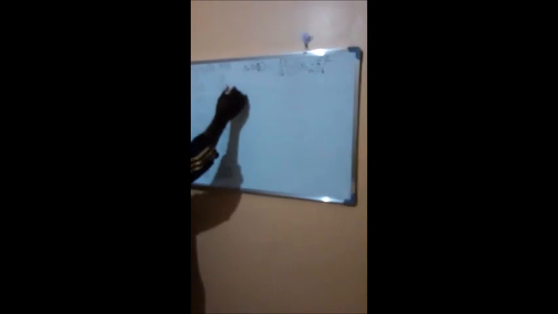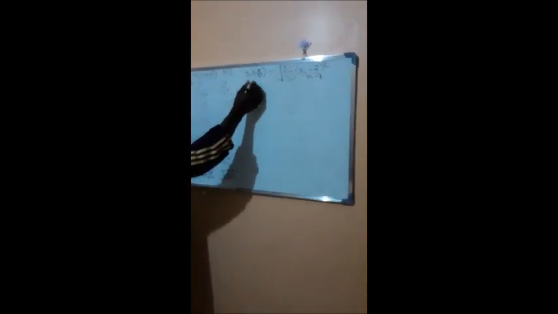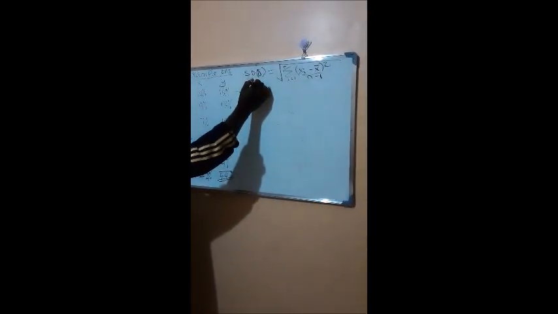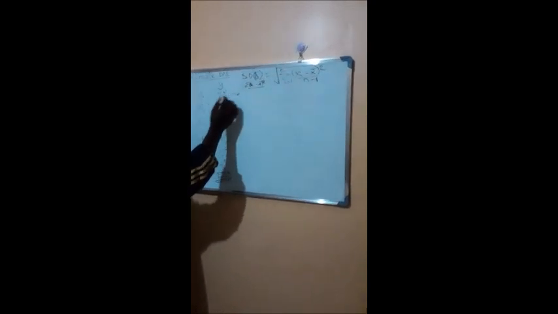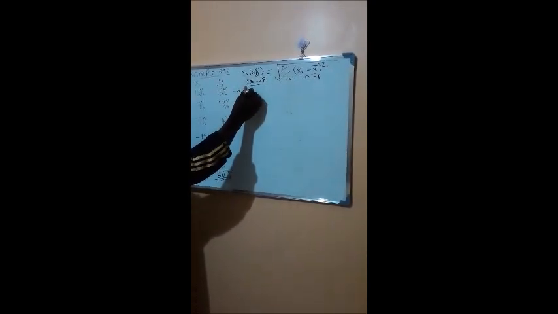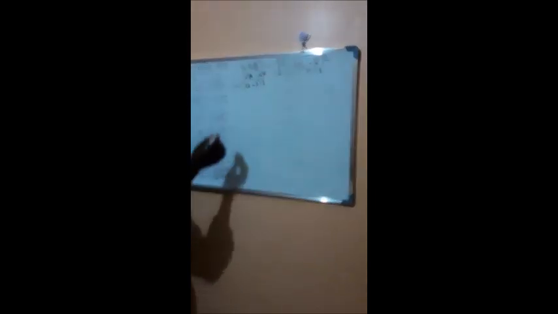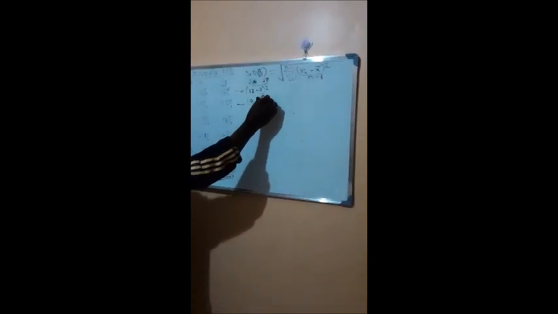Now we can first calculate the summation of Xi minus X bar squared. For period 1 we have 12 minus 7 squared. Period 2 it is 9 minus 7 squared.